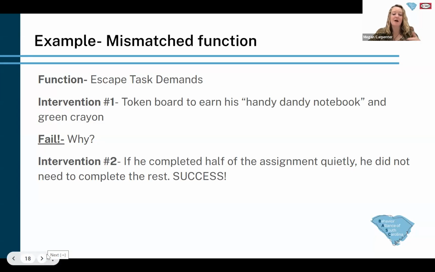He was working more systematically. We increased how much he was required to do over time. Sometimes I just added extra questions at the bottom that I knew I could cross off, but didn't actually want him to answer. So it increased his work output over time, and we had great success because I matched the function of the reinforcement to the function of his challenging behavior.